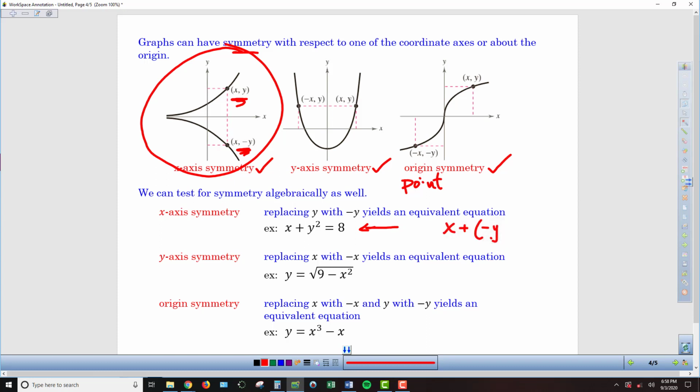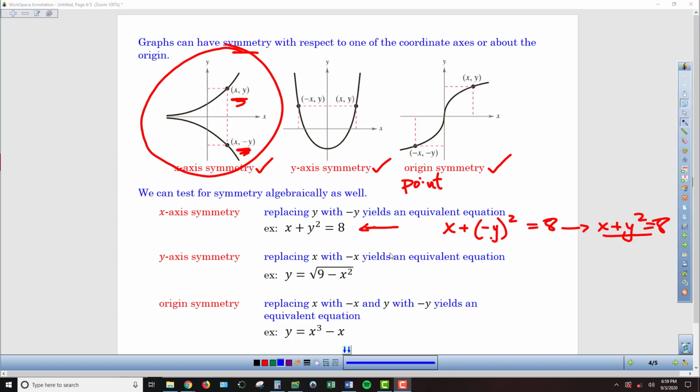If I replace y with negative y, and everything else stays in place, negative y times negative y becomes positive y squared. So we indeed end up with our original equation again. That verifies algebraically that the graph of this equation, if we were to plot it out, would have symmetry across the x-axis. The x-axis would act as a mirror line.